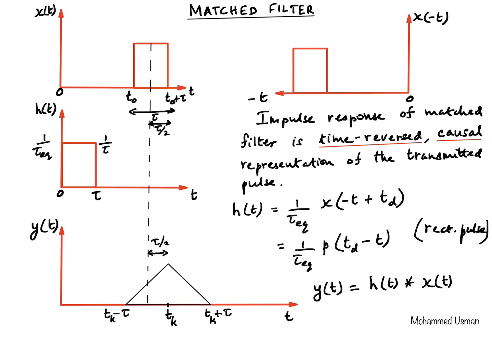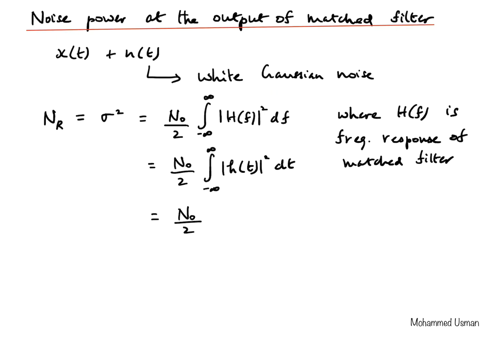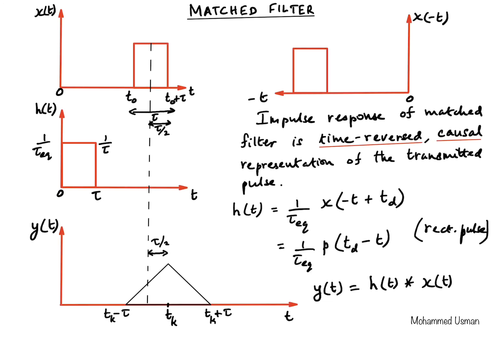In the integration, it can simply be written as p square of t, because what matters is the limits of integration. So N naught by 2, and we want to square this, H square of t, so 1 by tau equivalent p square of t. Whether we integrate here or with the pulse shifted, the area under the pulse is going to be the same.